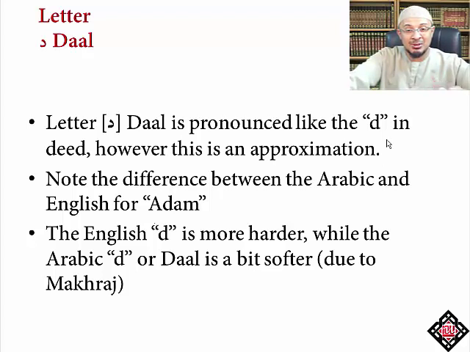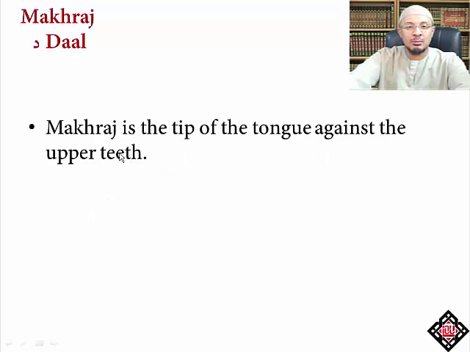And not only does this makhraj cause it to be softer, but it also gives it one other unique characteristic, which we will shortly look into. Well, the makhraj is the tip of the tongue against the upper teeth, specifically the gum line, as we discussed in the prelude.